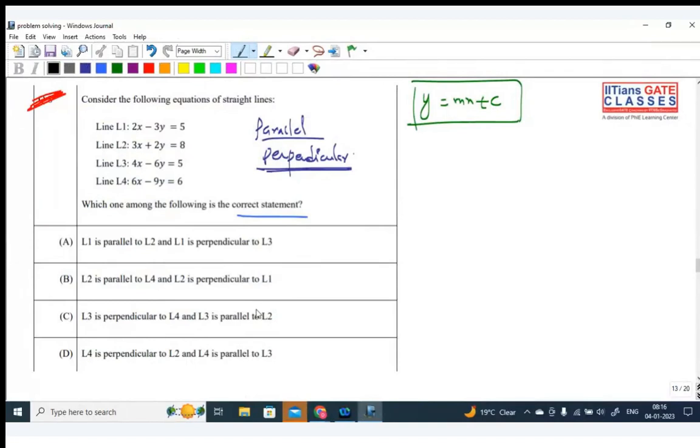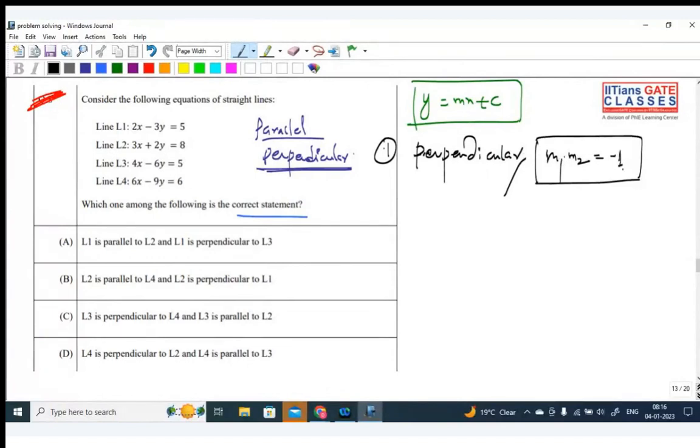So which option is going to be correct? Please tell me. For perpendicular, keep in mind the very first concept. Suppose slope m1 is there, and slope m2 is there. When you take the product, it should be equal to minus 1, and then you can say those two lines are perpendicular.